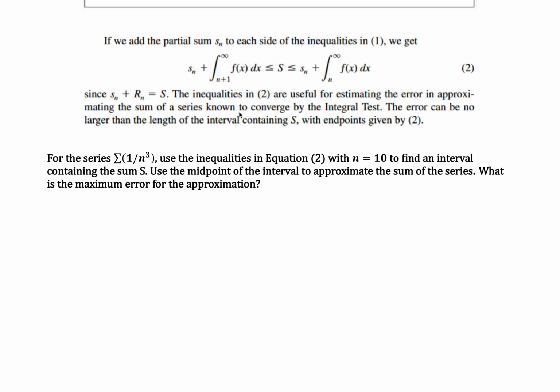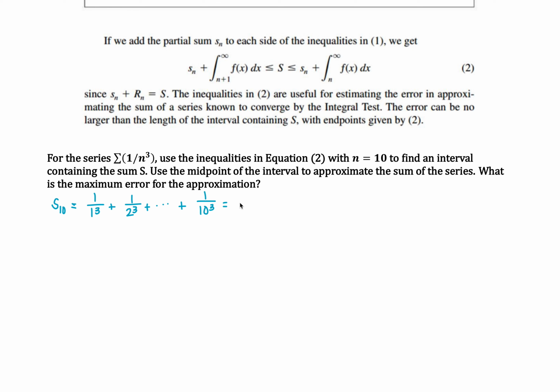Since n is 10, I need to find the nth, or the 10th, partial sum. And to find the 10th partial sum, we'd have 1 over 1 cubed plus 1 over 2 cubed, all the way up to 1 over 10 cubed.